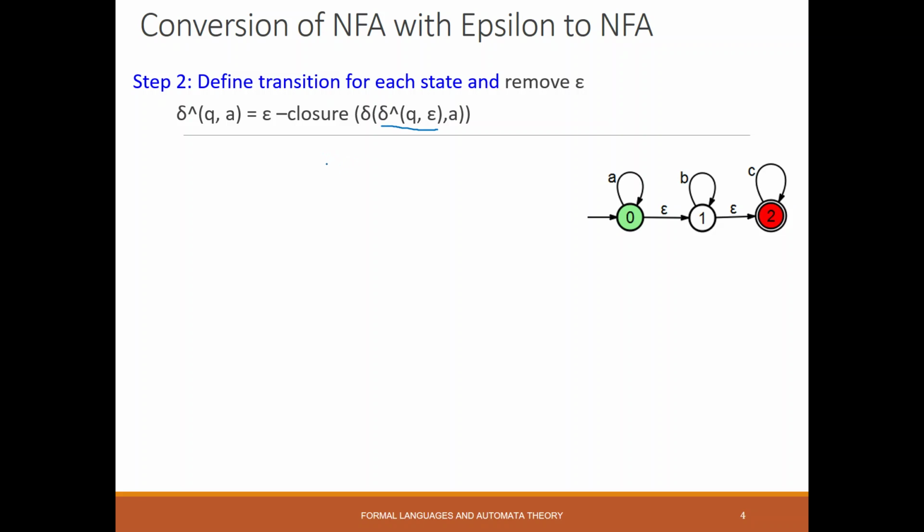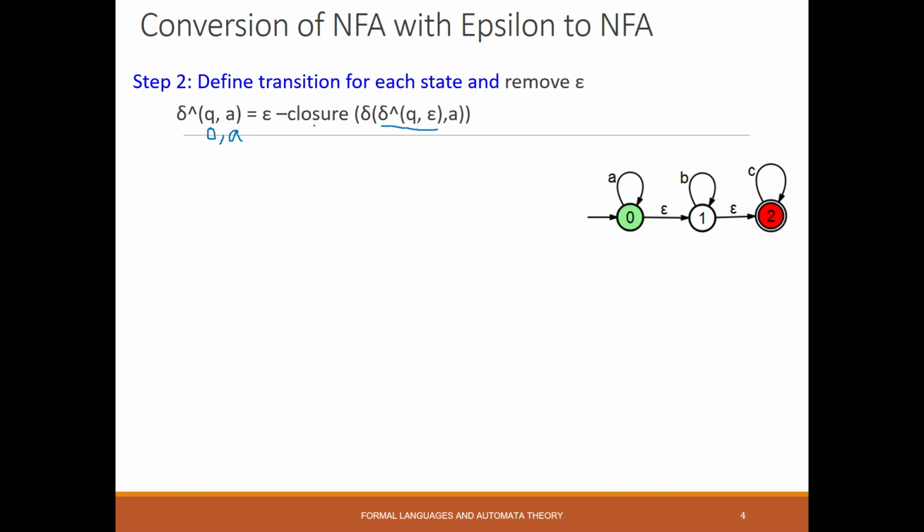I will explain. There are three states, so we need to find the answer for all possible inputs. The first state is 0, so instead of q we write 0. The first input is a, so we need to find 0 comma a.